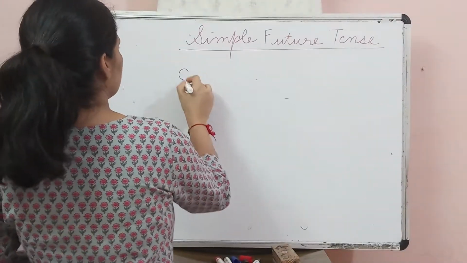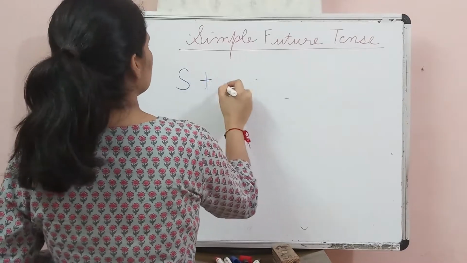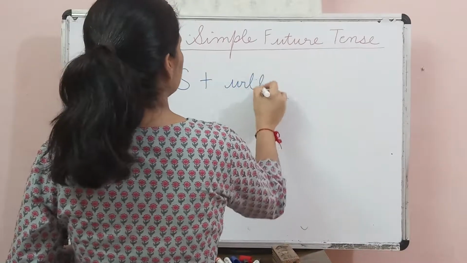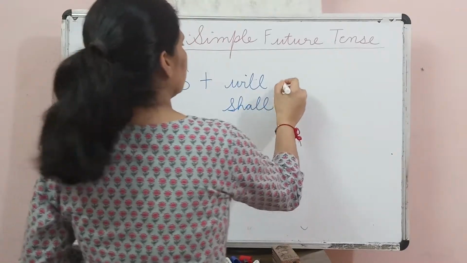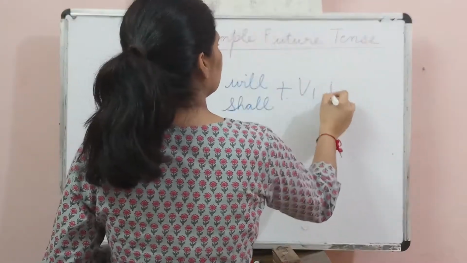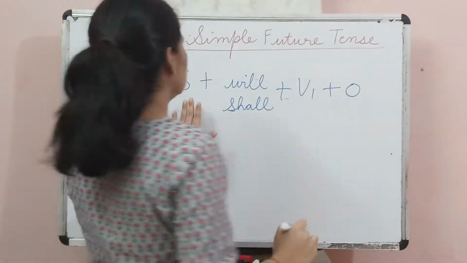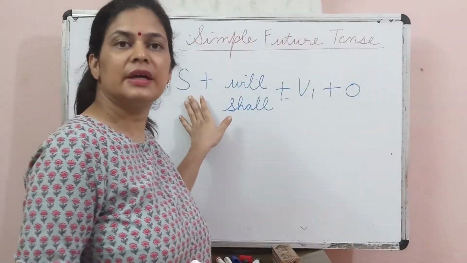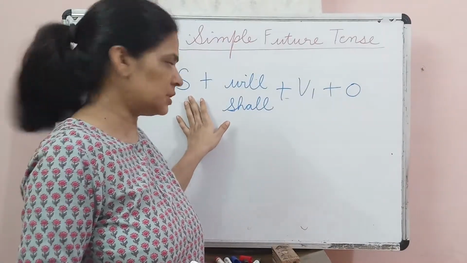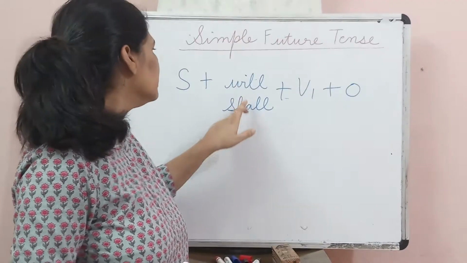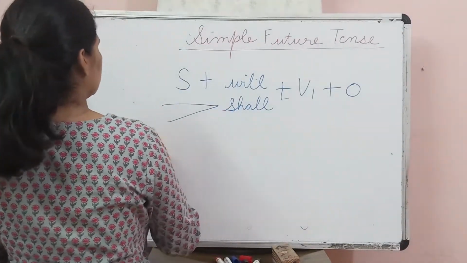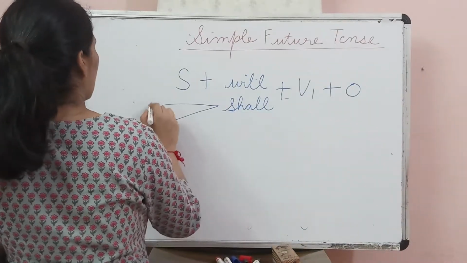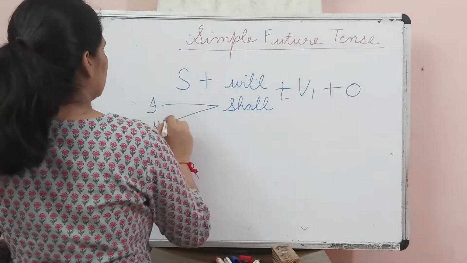Here we require subject plus will/shall plus V1 plus object. This is how we write the simple future tense. So remember that two things are to be remembered: shall is used with I and we.